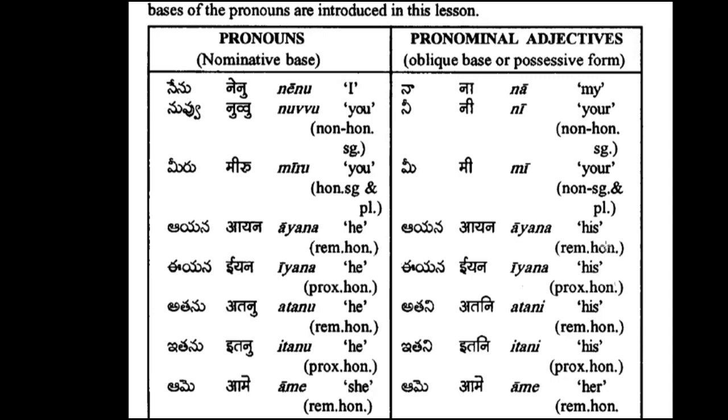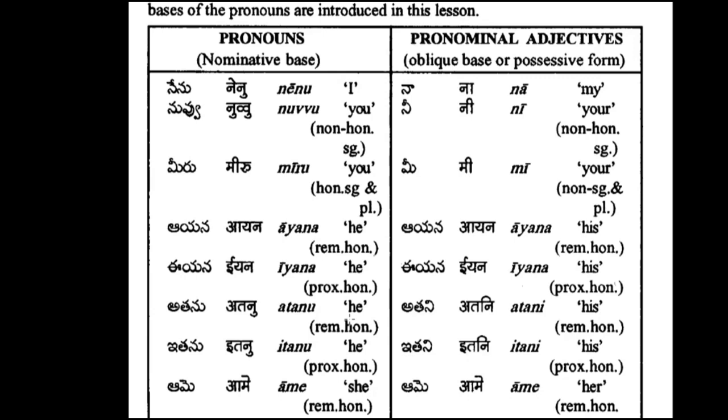Here a little difference is there. He means, here in this category, atanu, in the pronominal adjective area, it becomes atani. Atani. Okay. His pen, atani pen. His book, atani pustakam.